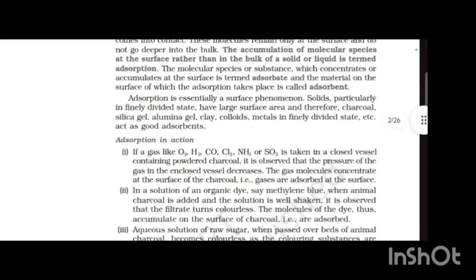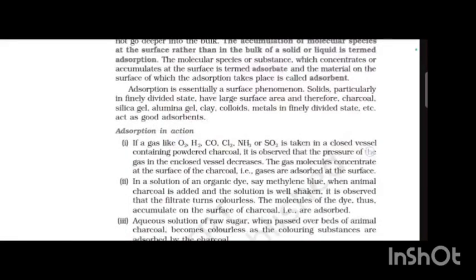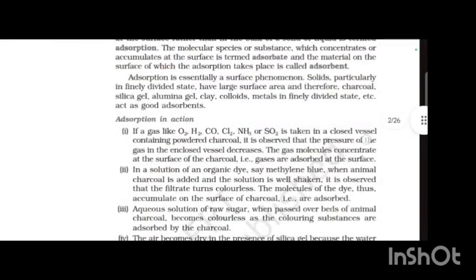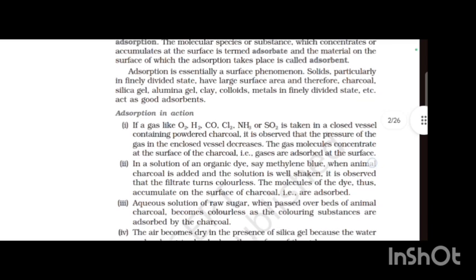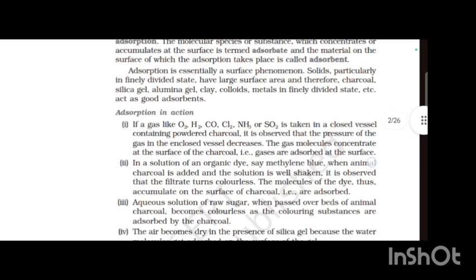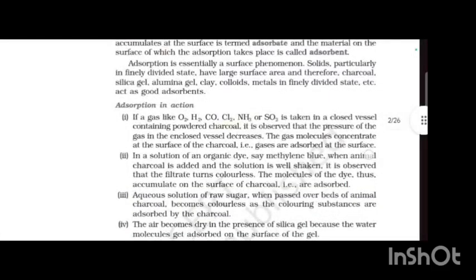The accumulation of molecular species at the surface rather than in the bulk of a solid or liquid is termed adsorption. The molecular species or substance which concentrates or accumulates at the surface is termed adsorbate, and the material on the surface of which the adsorption takes place is called adsorbent.